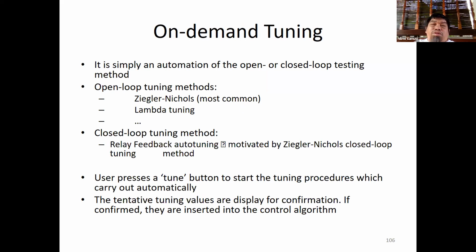So on demand tuning, kalau dia open loop terus pakai Ziegler-Nichols lambda tuning. Kalau closed loop dia pakai relay feedback auto tune motivated by Ziegler-Nichols closed loop and then dia tune. Ataupun the user pakai tune button to start the tuning procedure which carry out automatically.